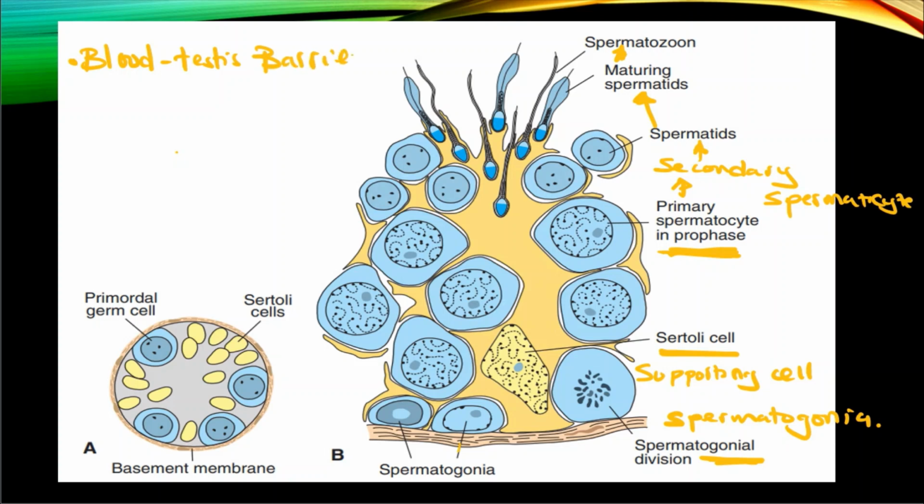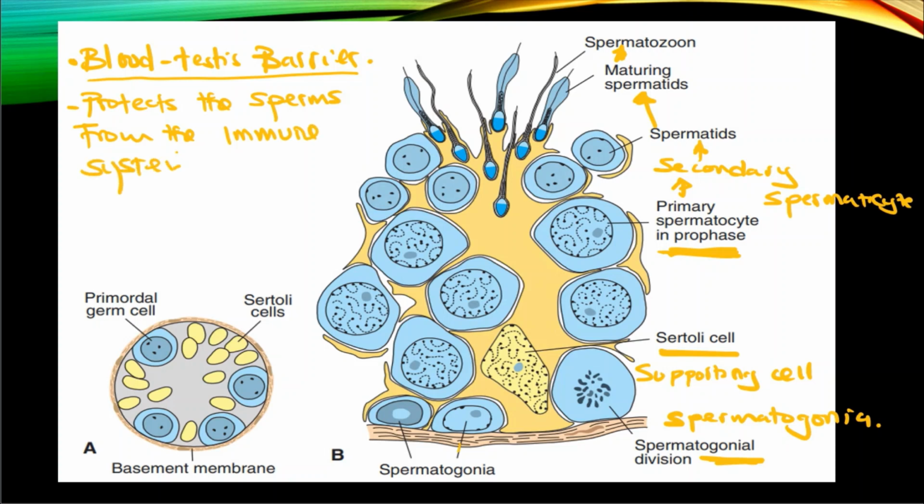The blood-testis barrier protects the sperms from the immune system, the white blood cells in the blood. If they enter the seminiferous tubules, they might attack the developing sperms.